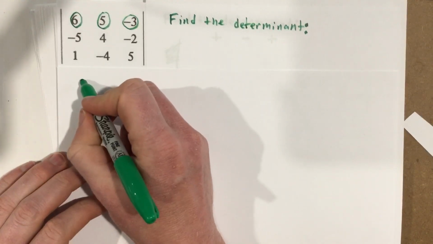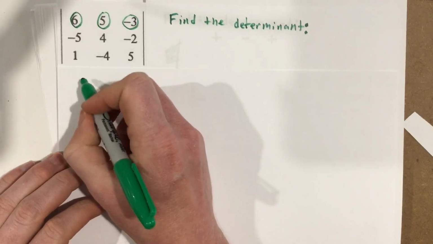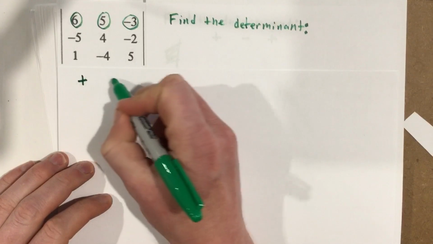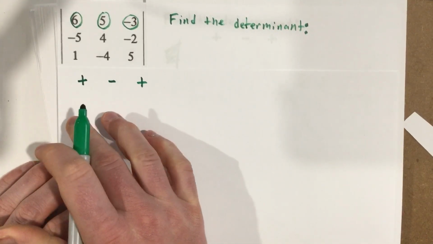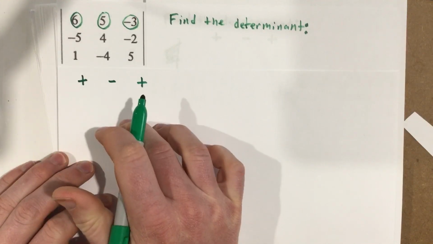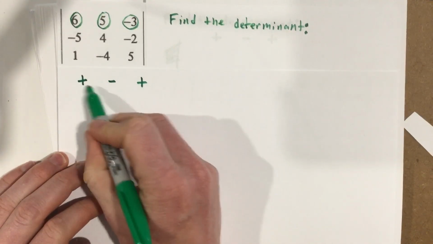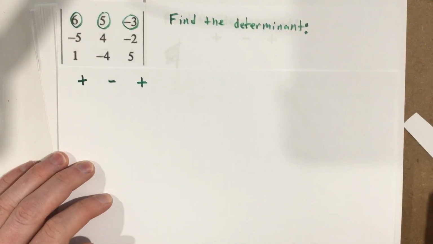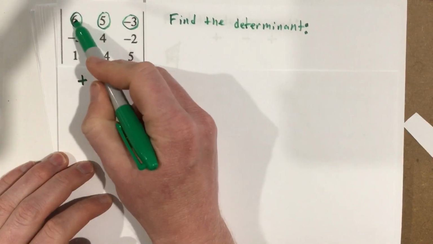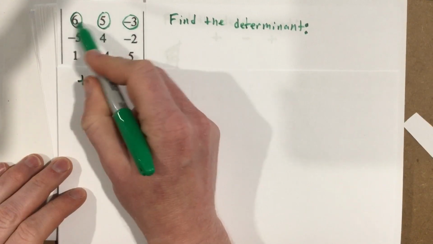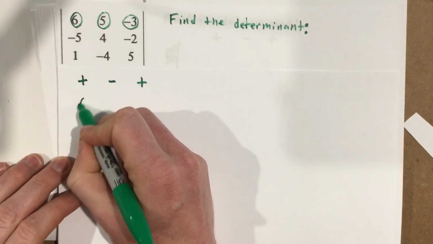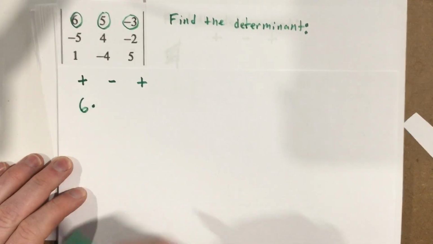Now the process we have here, we're going to end up with 3 different determinants. We're going to end up with a plus, minus, plus type of multiplication and addition as we go through this. So plus, minus, plus, keep that in your mind. We're going to start with this 6, which is the top left corner, the first column and first row. We're going to take the 6 and multiply it times some determinant.